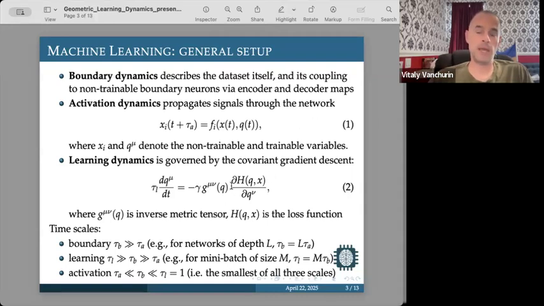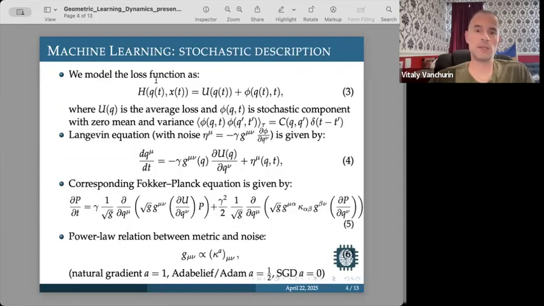So now the idea is to analyze this system in different limits. The first limit is a stochastic description. By stochastic, we say, okay, yes, there's a loss function, but maybe we can separate it into two parts. One part is where you have u depending only on trainable variables, which can change with time themselves. So there is time dependence here, but it's implicit, not explicit.